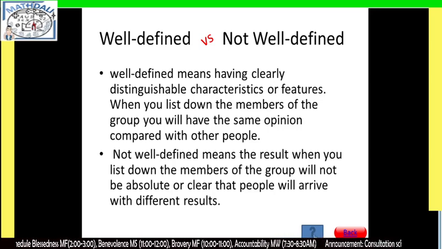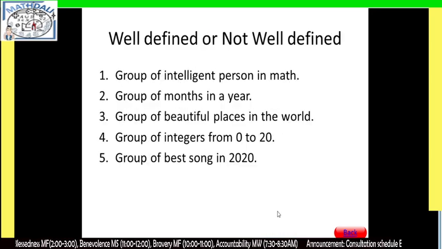Example natin. Let us have this example. We're going to identify whether each item is well-defined or not well-defined. Example number 1. Group of intelligent persons in math. Do you think this is well-defined or not well-defined?